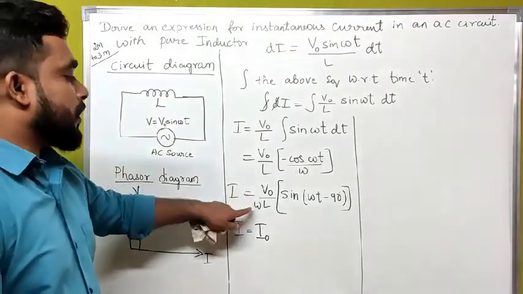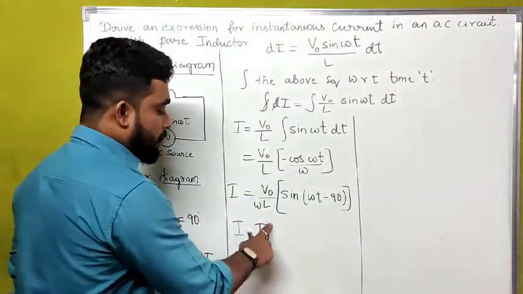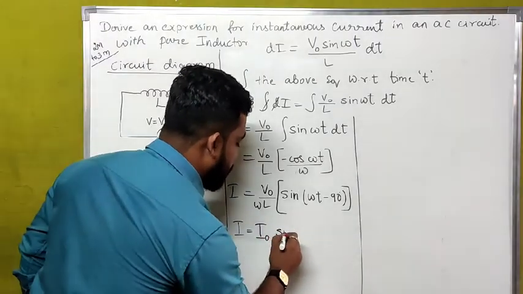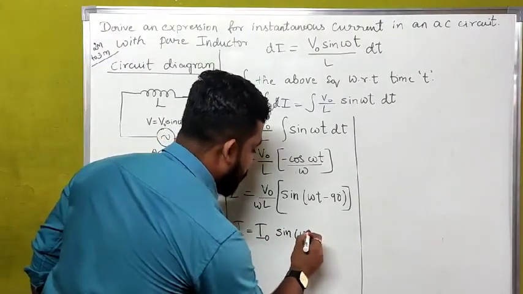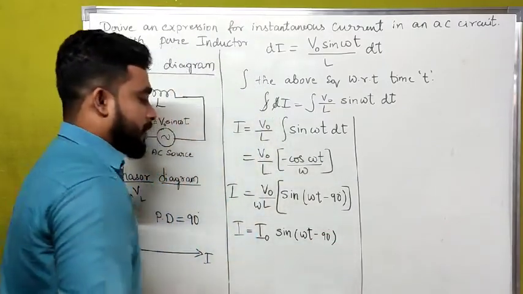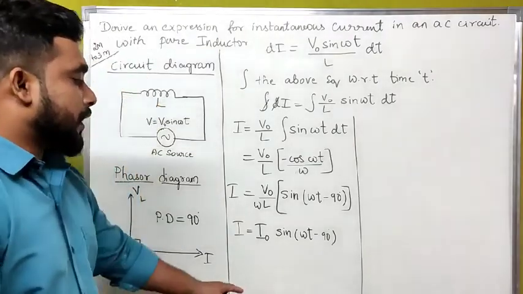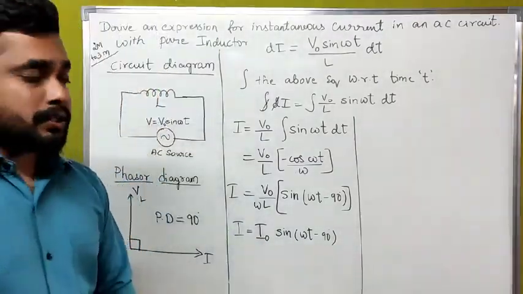If we assume V0 divided by omega into L as our peak value of current, what we will get is I is equal to I0 sin of omega t minus 90 degree.